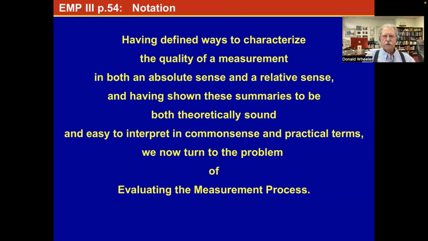having defined ways to characterize the quality of a measurement in both an absolute sense and a relative sense, and having shown these summaries to be both theoretically sound and easy to interpret in common sense and practical terms, we now turn to the problem of evaluating the measurement process.